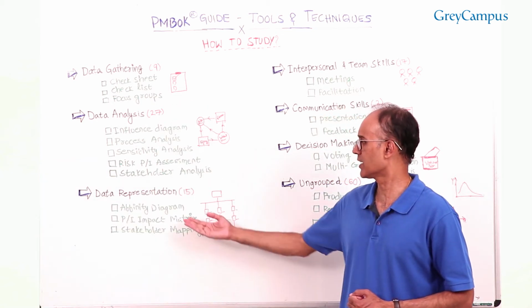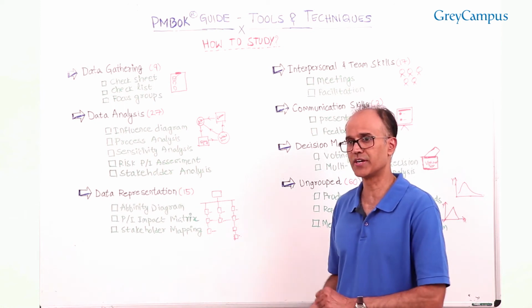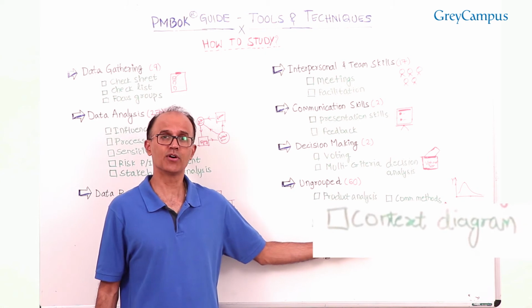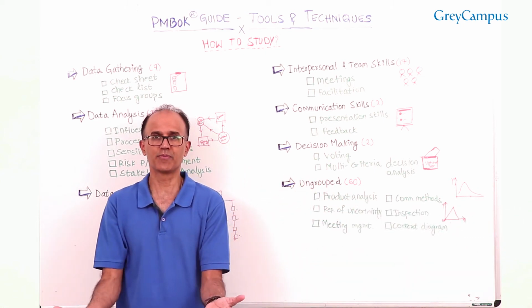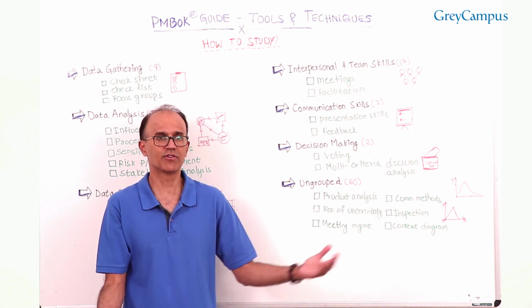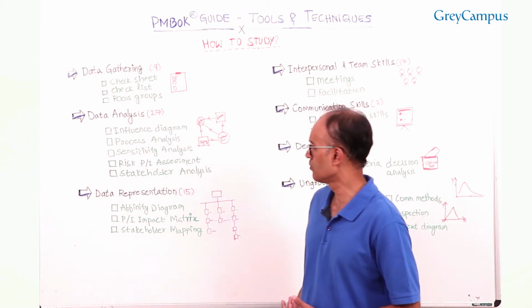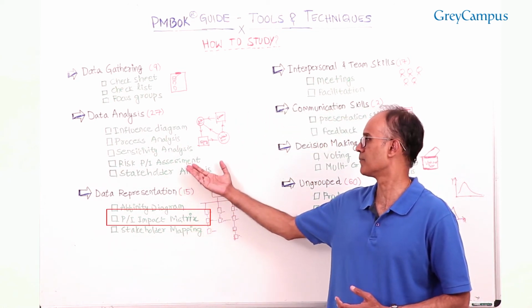Some more examples. Look at affinity diagrams here: grouping of ideas, grouping of issues into different categories or buckets, which is different from a context diagram. A context diagram is used to map a business process onto a piece of paper graphically. You get an image of a business process. Let me take you through a couple more examples. I've got P&I impact matrix versus P&I impact assessment.